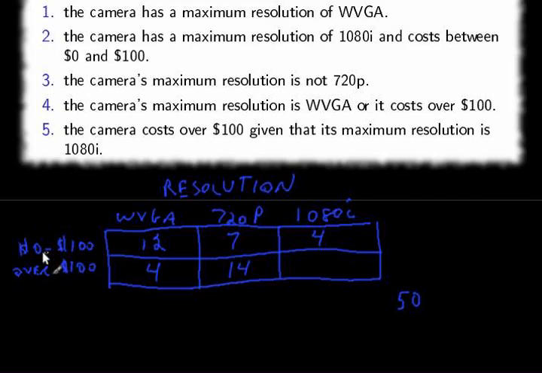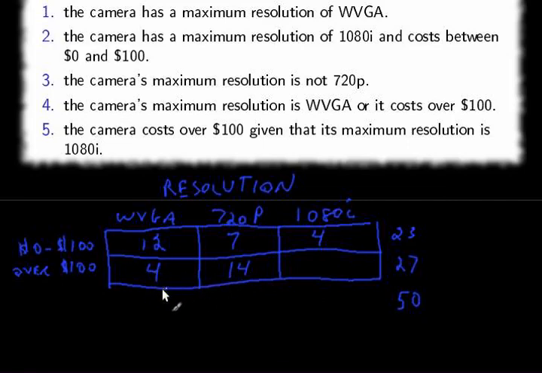So we know that there are 12 plus 7 plus 4, that's 23, $0 to $100 cameras in this sample. So if there were 23 $0 to $100 cameras and a total of 50, that means there must have been 27 cameras over $100.